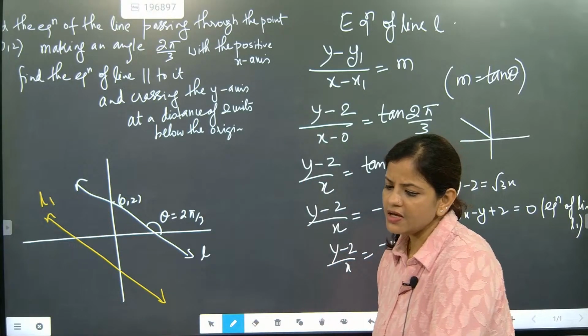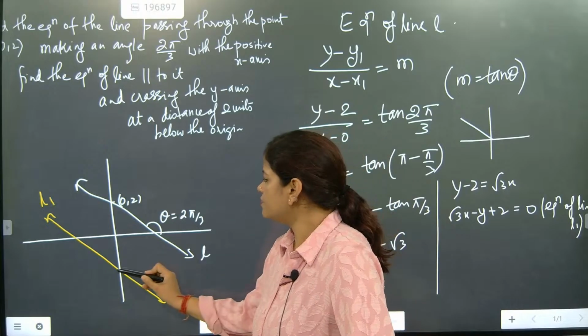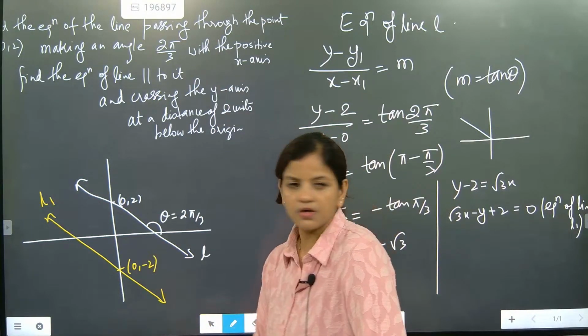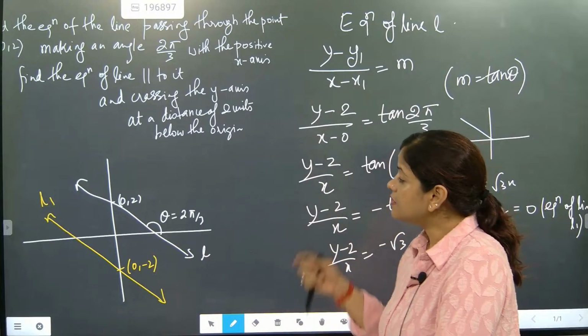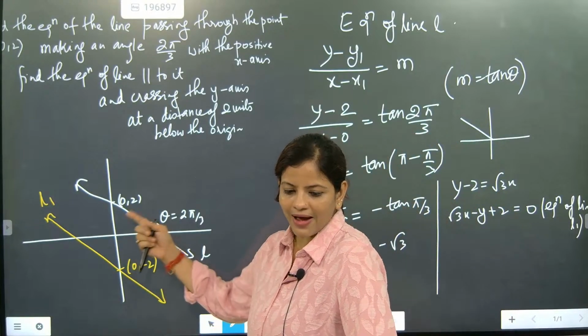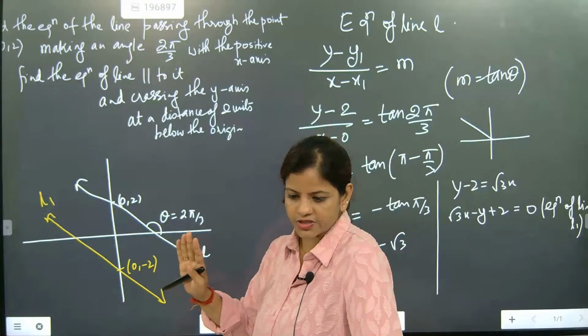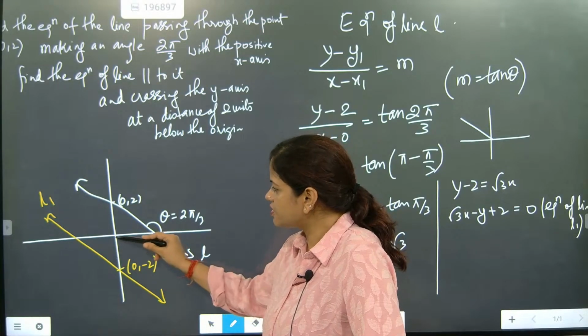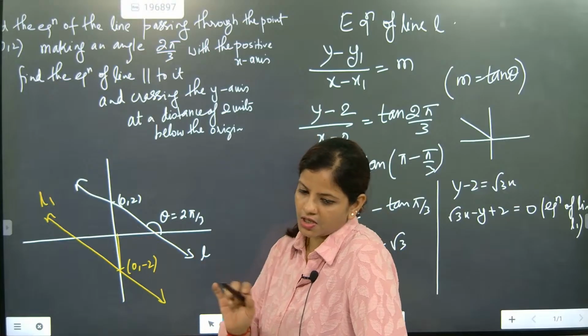Now this is exactly intersecting the point 0, comma minus 2. The first thing is that this line is parallel to this line. Second is that this is passing at a distance of 2 units below the origin.